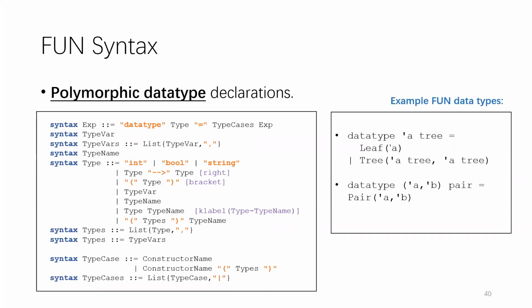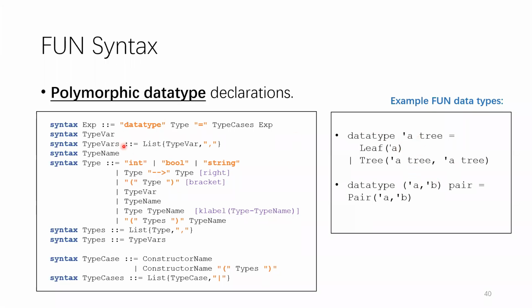So we have polymorphic data types. We allow expressions to have a data type definition at the beginning, like this. And each data type declaration has the form data type equals type cases. Now we can have a type variable, which is here. Type variables are the prime A, prime B on the right.